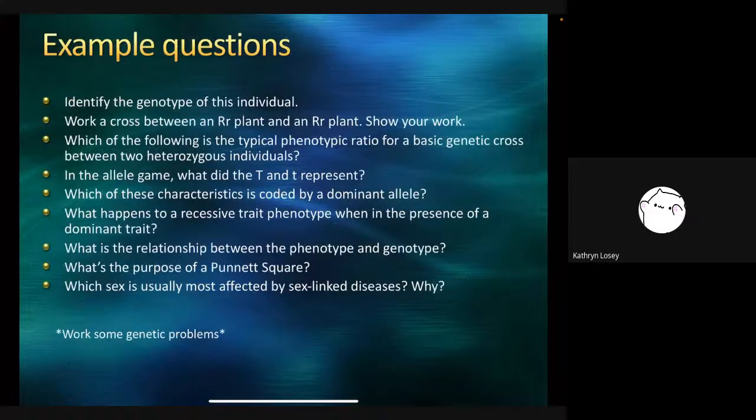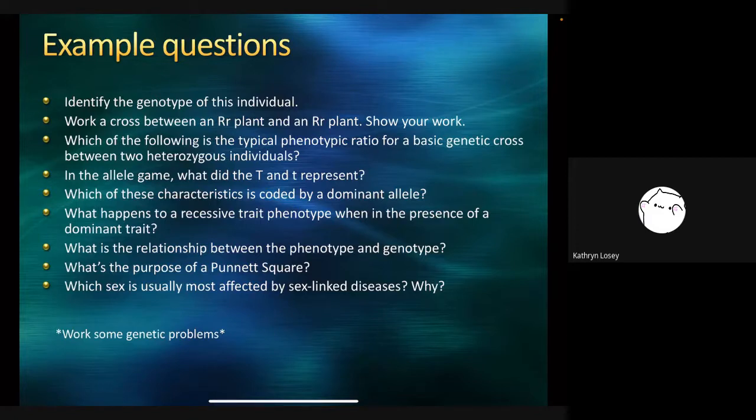So some example questions from this lab: identify the genotype of this individual. That could be any of the genotypes that they went over in lab. Work a cross between a heterozygous plant and a heterozygous plant and show your work. And then remember, purple is dominant, white is recessive.